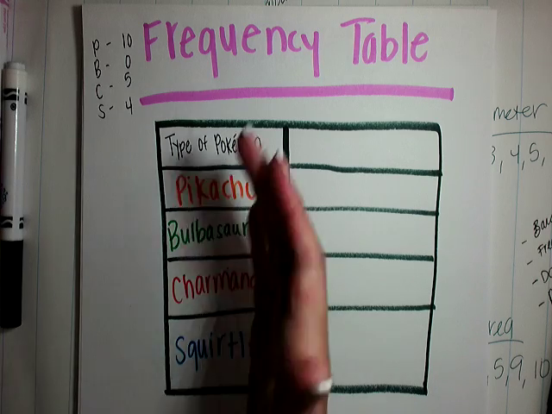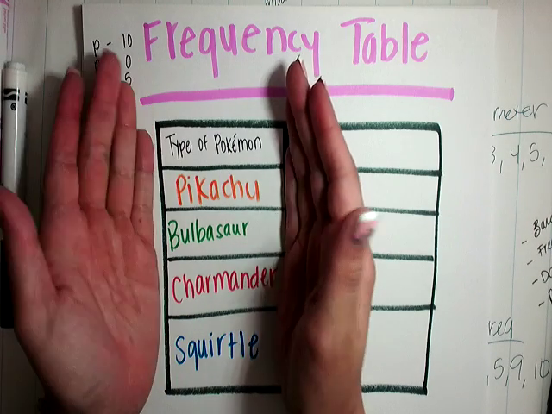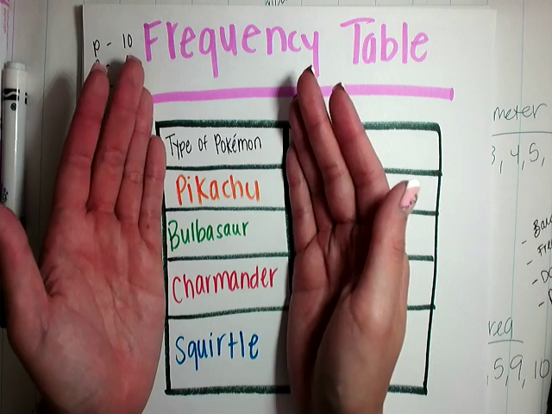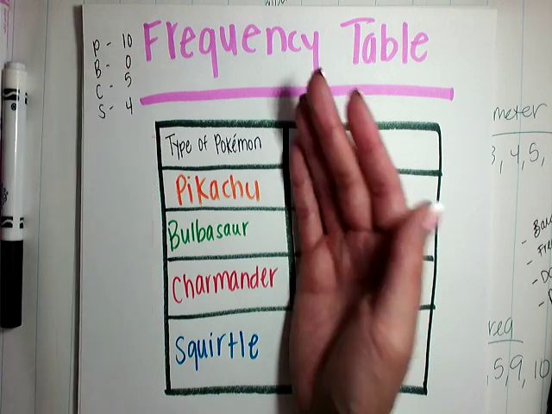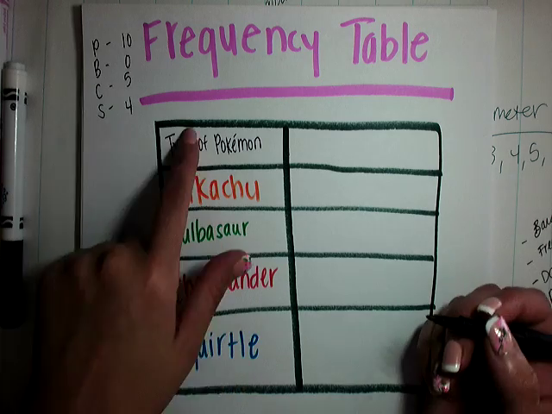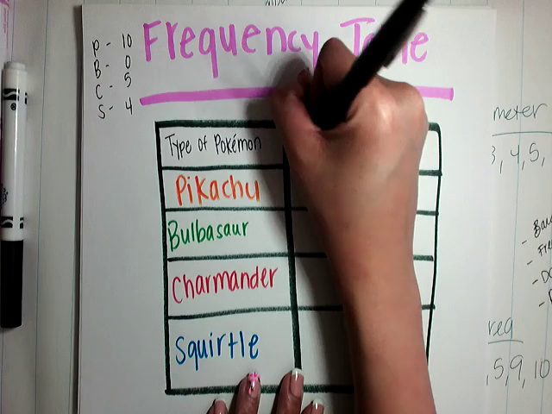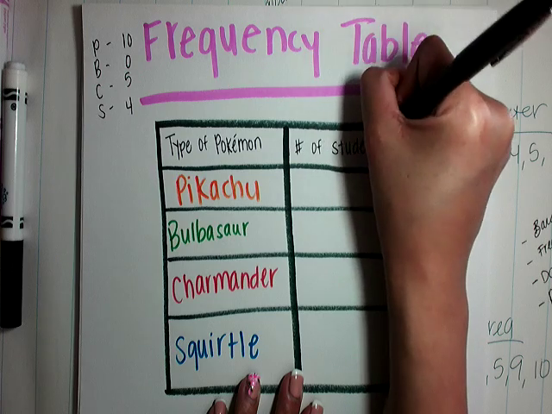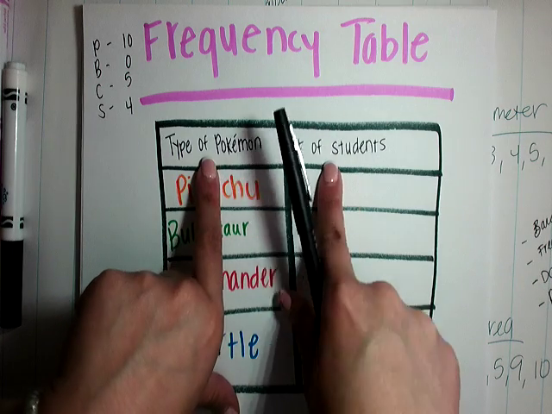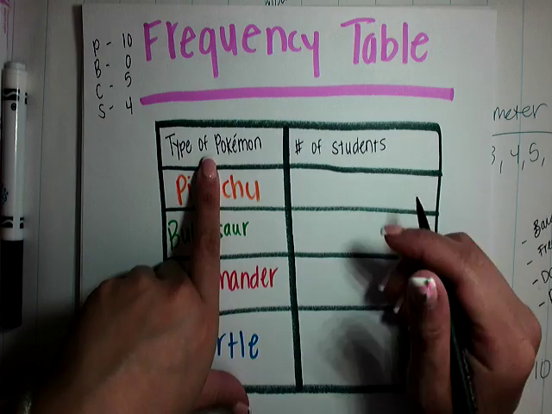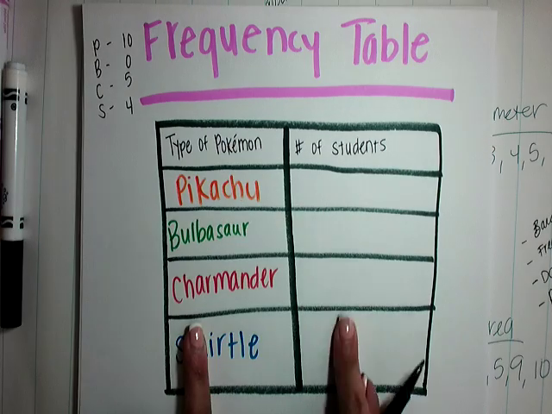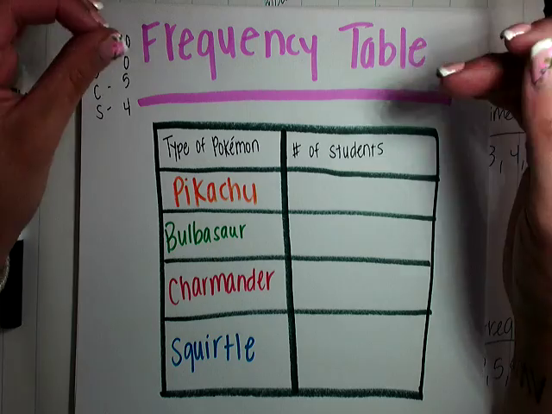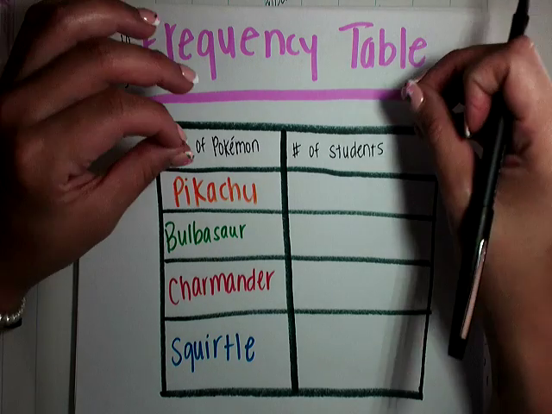So we have this column right here. So this column is talking about the types of Pokemon. Well, our data is talking about you guys, talking about who liked these Pokemon. So when we have types of Pokemon, we also have to have number of students, just like our bar graph that we did. It's literally the same titles, just organized in a different way. But every graph, every table, everything that you make has to have a title.